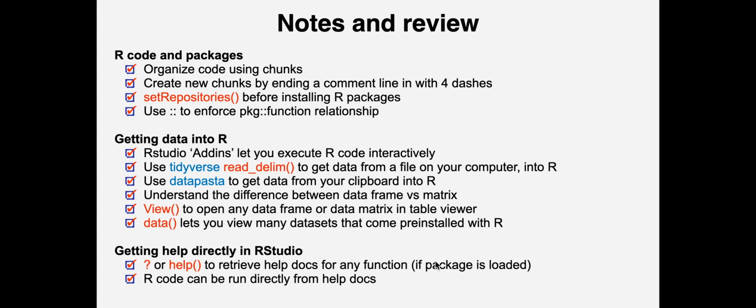Just a point though, that package has to be loaded for you to be able to access its function via these options. Finally, R code can be run directly from help docs. So once you've accessed a help doc, if there's something you want to try or understand how it works, just highlight that code in the help doc and hit run. And that's it.